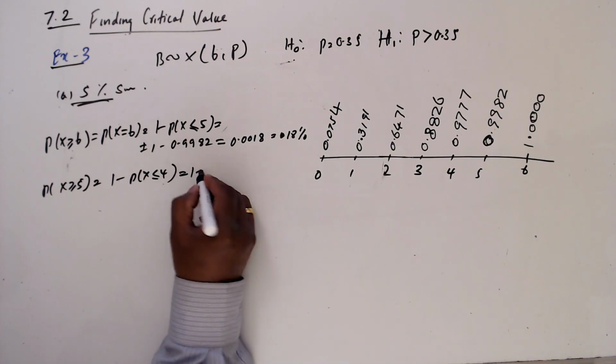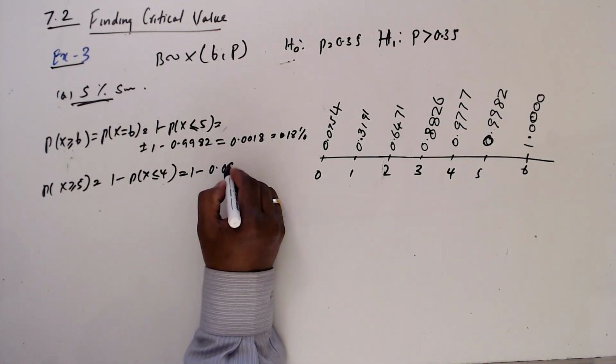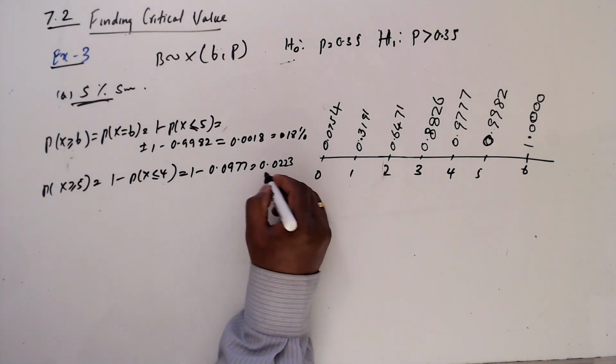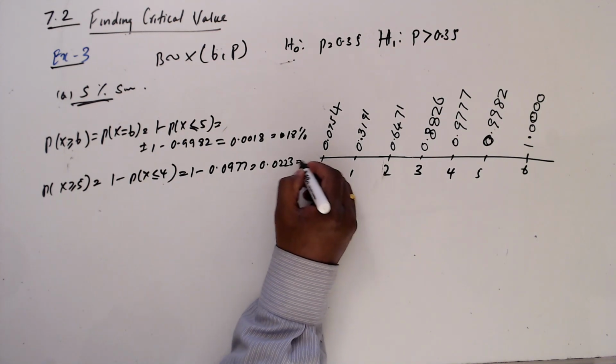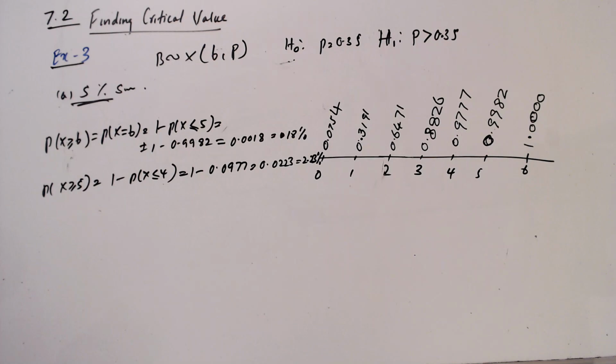So 1 minus 0.9777 is 0.0223. That means 2.23 as a percentage.